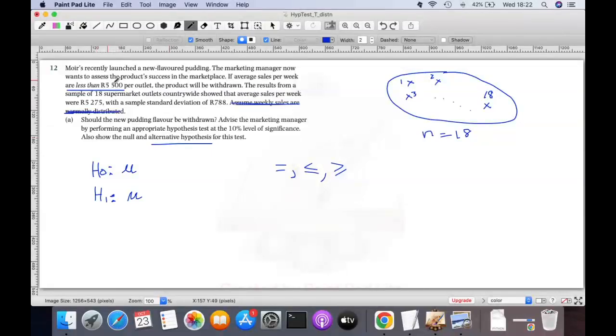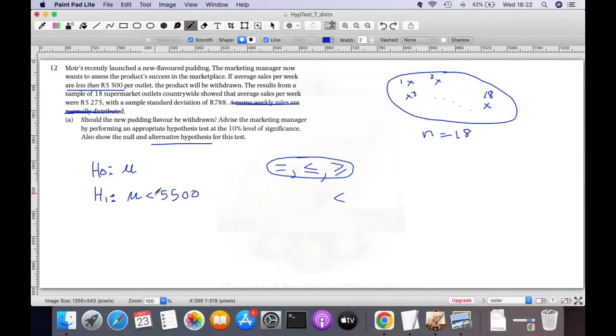Now we know the sign for strictly less than is this. So this sign will obviously have to go in H1, because these are the only signs that can go in H naught. So we're testing whether it's less than 5,500.